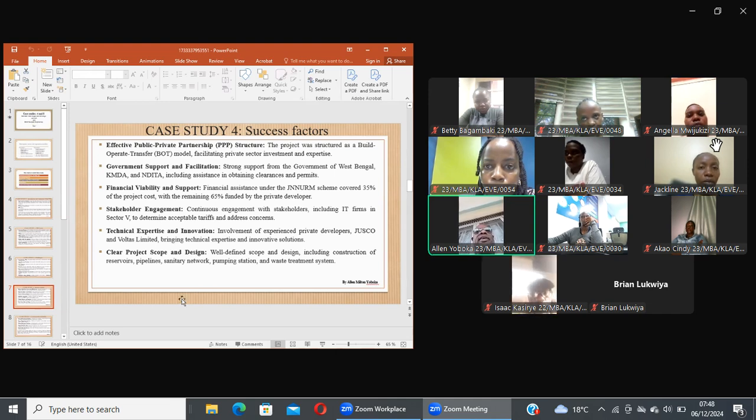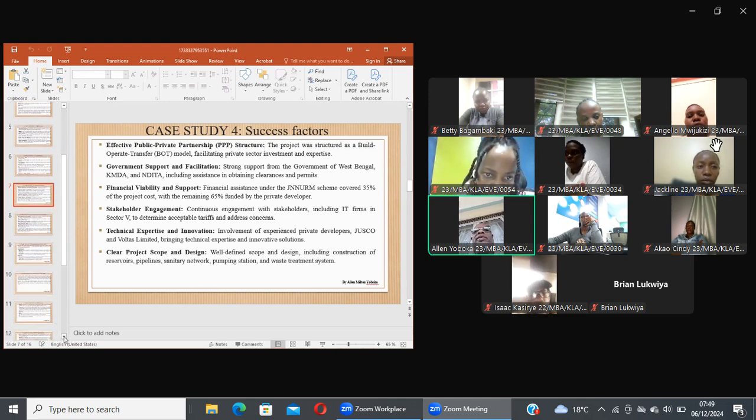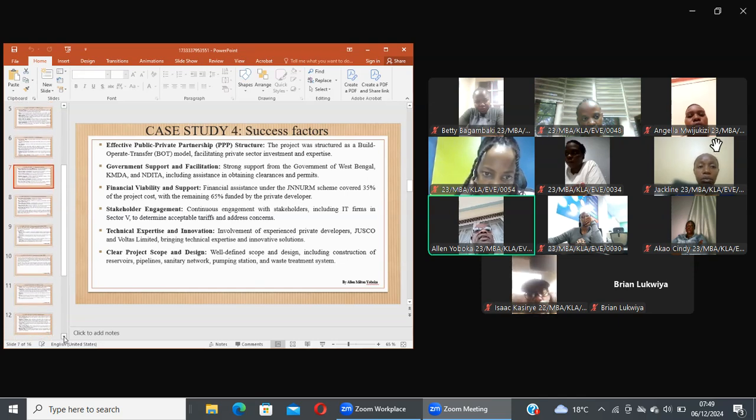Going forward, there was flexibility in the negotiations. This critical aspect of this success factor explains why design and scope were adapted in order to reduce costs, while at the same time maintaining quality, which underscored project sustainability.